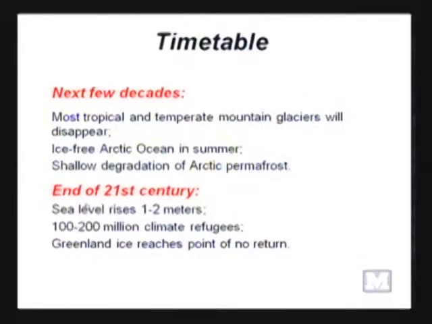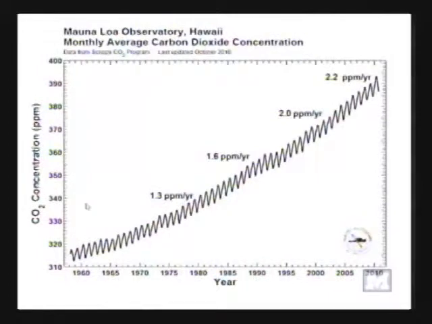Now, while I say that these are issues that seem very momentous, if you look at what the human population is doing year by year, this is carbon dioxide concentration, a greenhouse gas, the most important greenhouse gas, has been climbing ever since we've been measuring it in 1957.